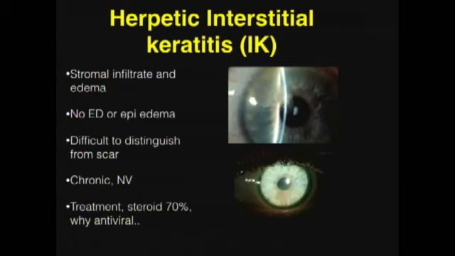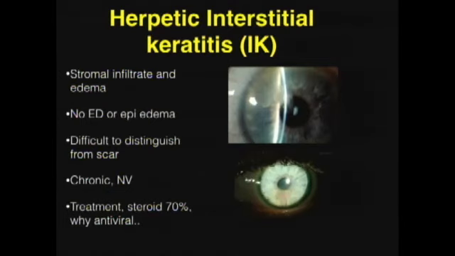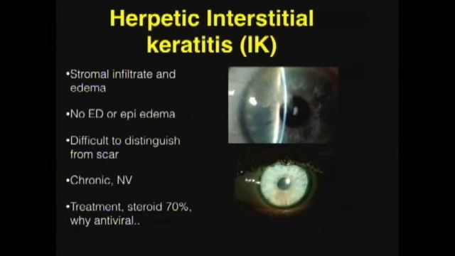You will get some ciliary injection because there is some inflammation going on, and you will get iritis as well. Do you think the patient will have KPs? Excellent. And we will talk in a minute why there are no KPs with IK. But usually it's a stromal edema, stromal infiltrate with inflammation, ciliary injection and some sort of iritis.